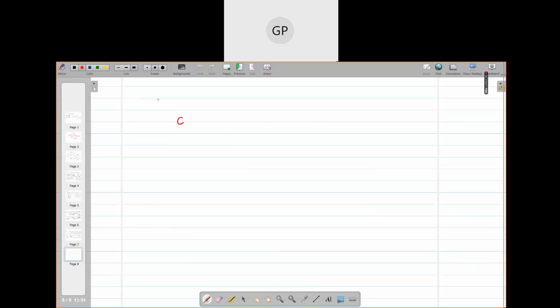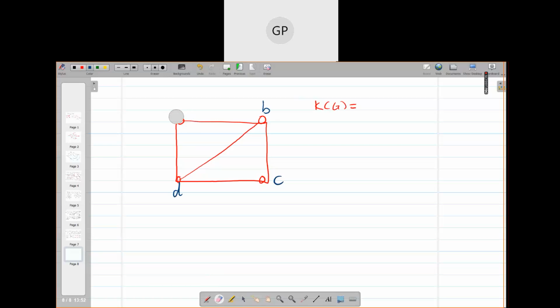So now suppose I take one example of a graph. Tell me what is the vertex connectivity of this graph. How many vertices will I have to delete to make the graph disconnected? If I delete a single vertex, suppose I delete the vertex A, will the graph become disconnected?